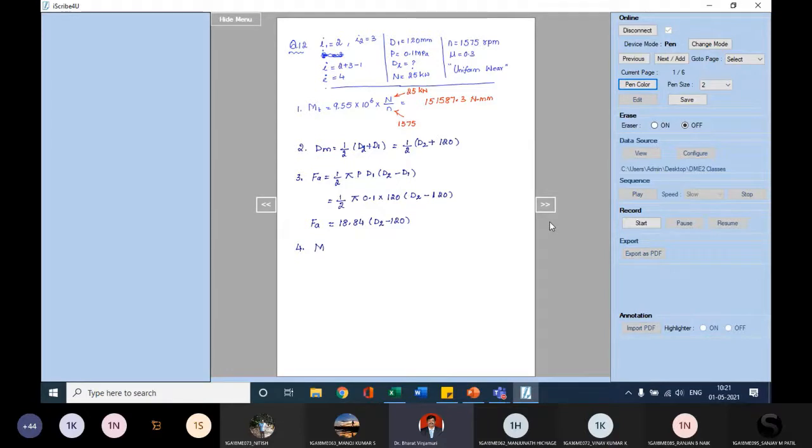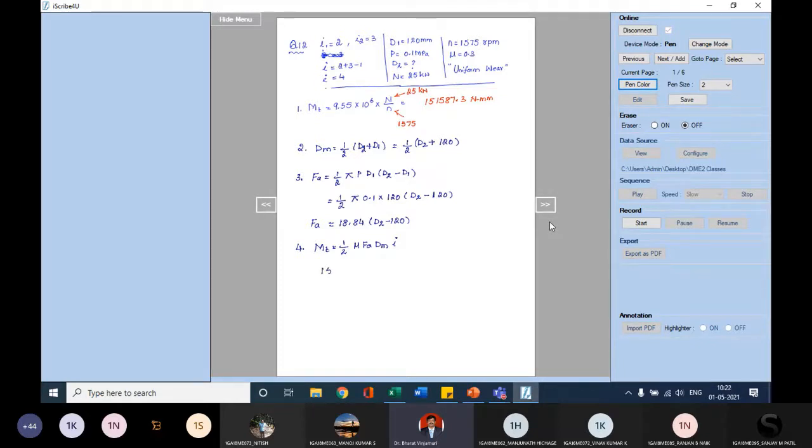Step number 4. MT is equal to half mu FA Dm times i. So you have this value.